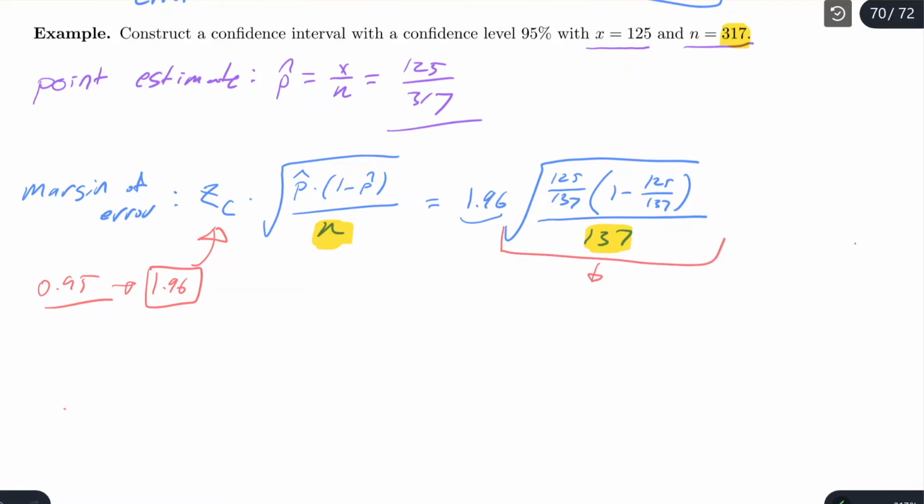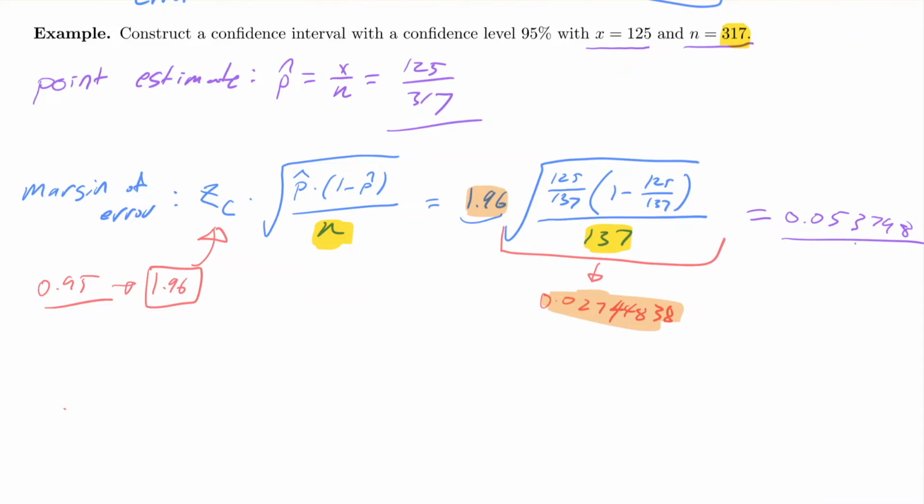This number itself is 0.027444838. And now we multiply these two numbers to get the margin of error. Therefore, the margin of error, I get 0.053798. Yeah, 6 decimals should be good enough.